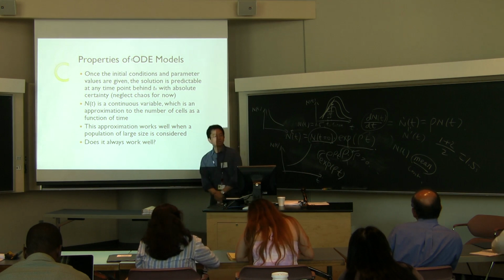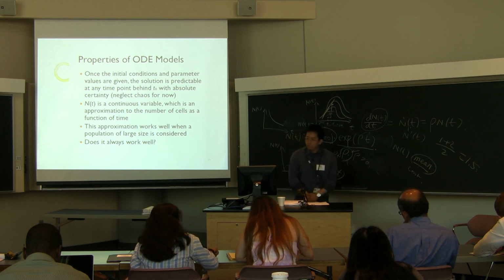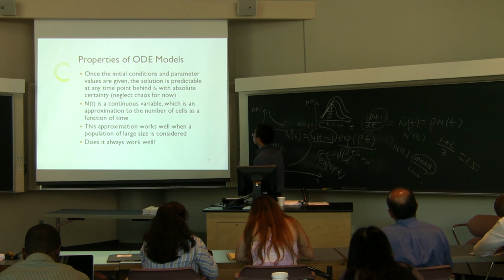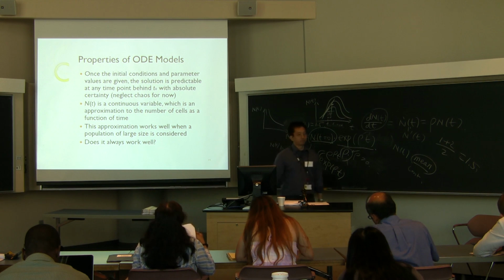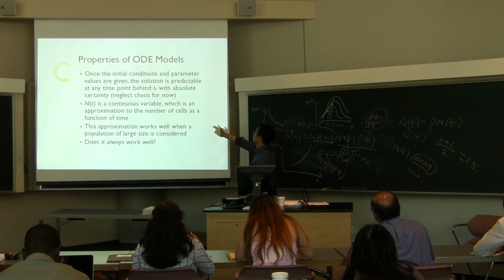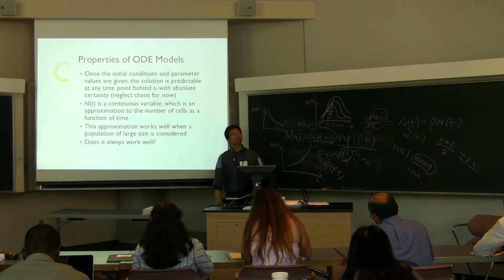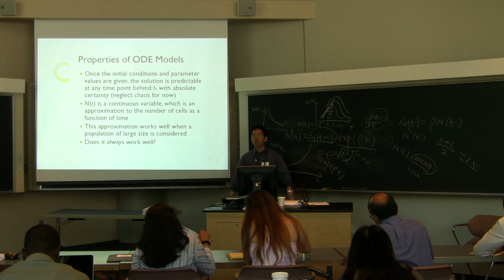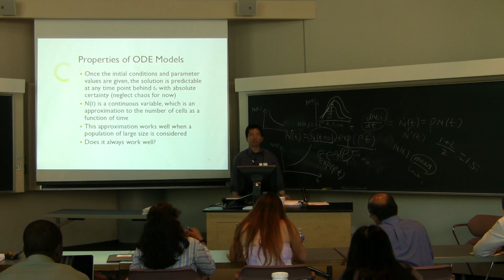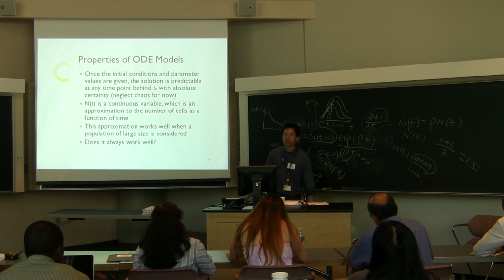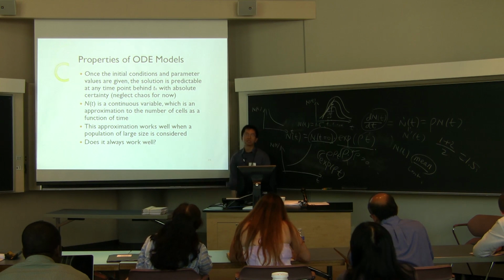This approximation works well if the size of your population is large. Even though N(t) is a continuous variable, it will work well if your population is large. However, if I have only 5 or 10 cells in my culture, that's when you need to consider a stochastic model.